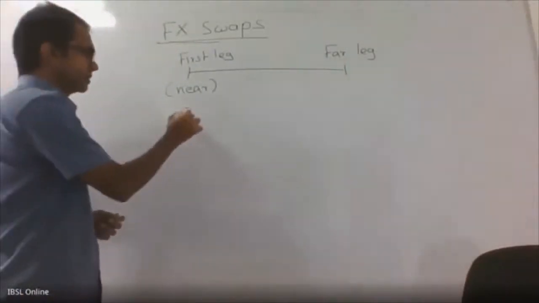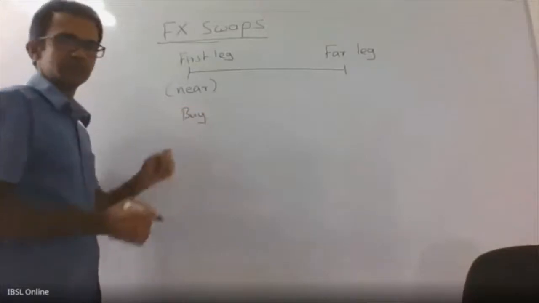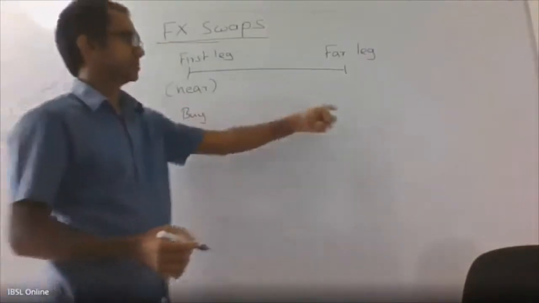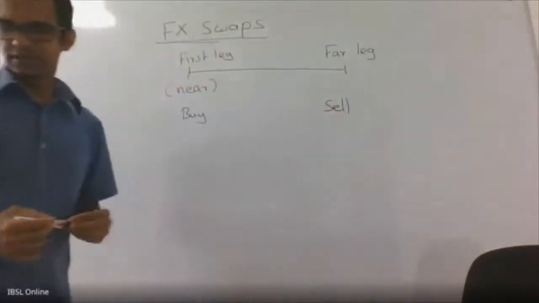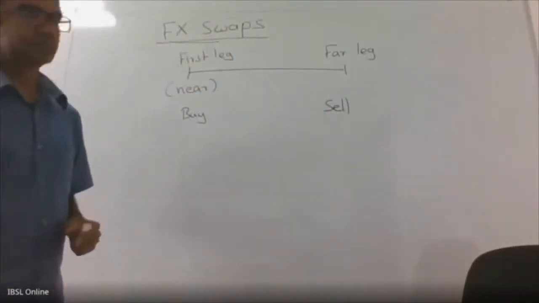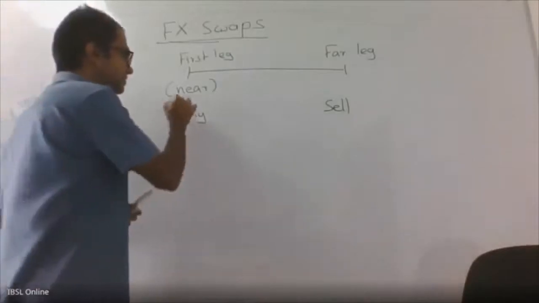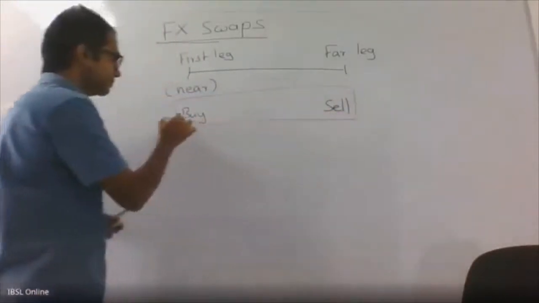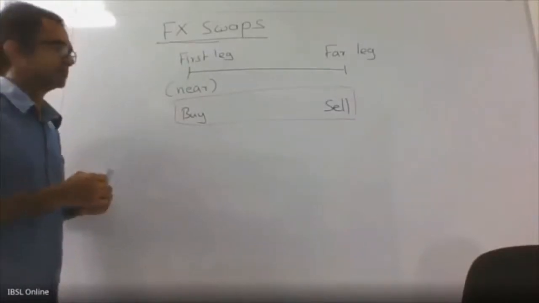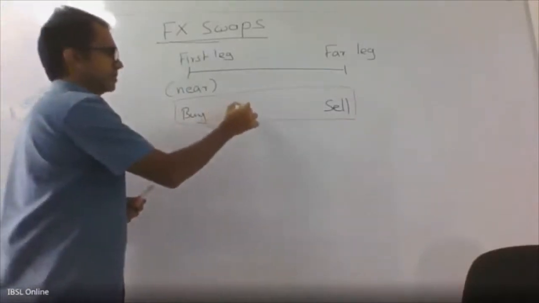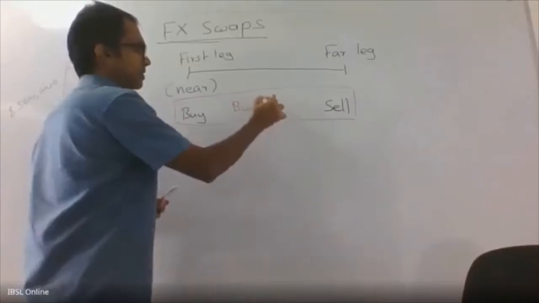If you buy something here, what do you do? You sell the same thing in the second leg. Both these activities are considered as one transaction. We call it a buy-sell transaction.